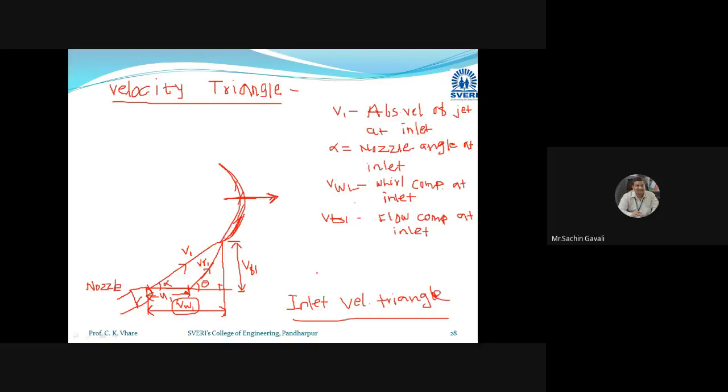VR1 is the relative velocity component at inlet.